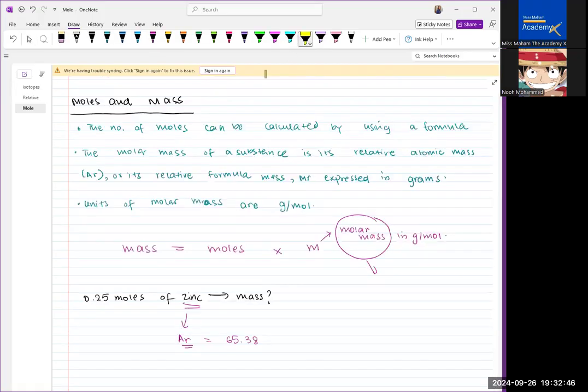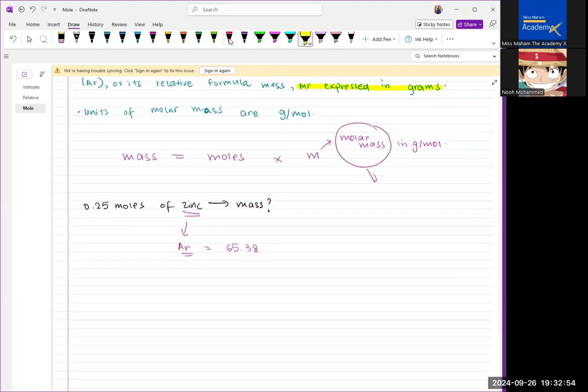This is what we've written here. The molar mass of a substance is its relative atomic mass, AR, expressed in grams. So zinc's AR or molar mass for that matter is 65.38 grams per mole. Now the question is, okay, 1 mole of zinc has this much mass.